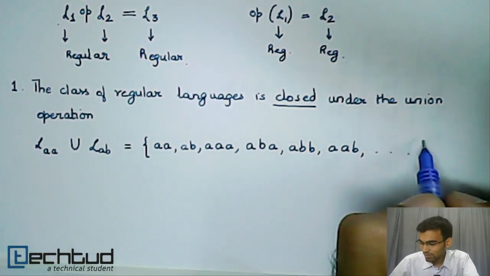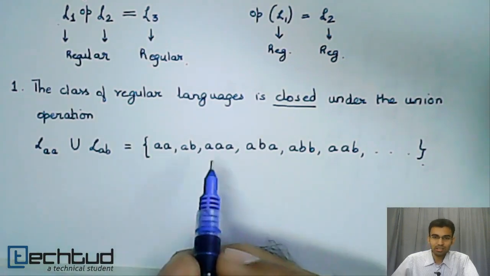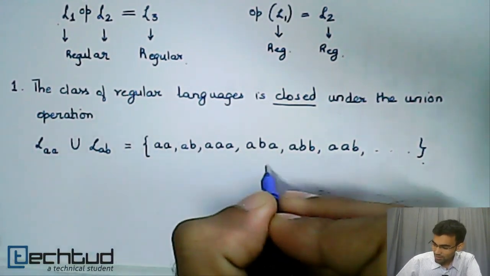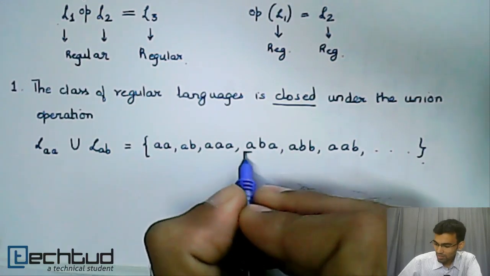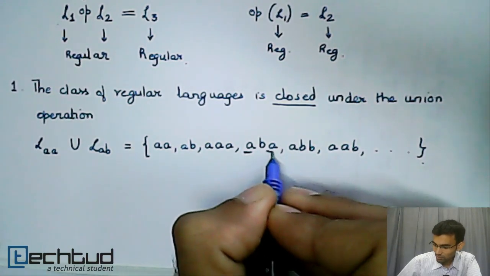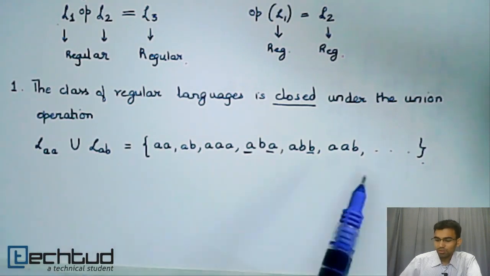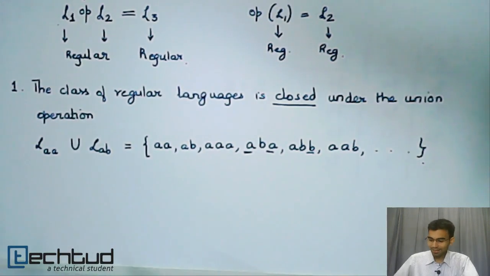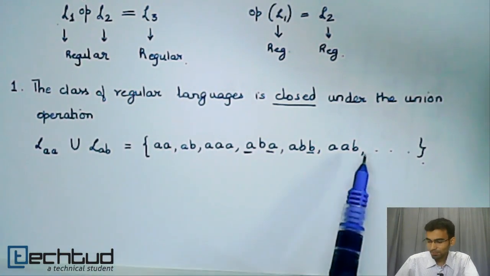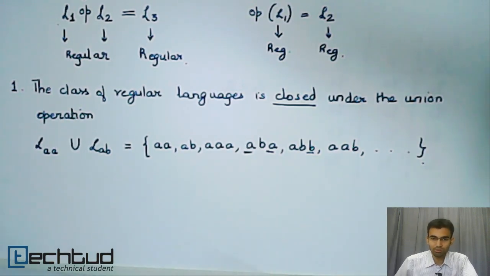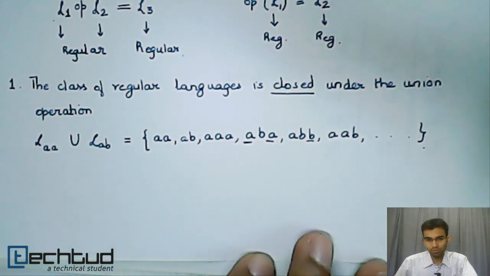We can enumerate this entire language in increasing order of length of string, such that each word starts with an A and ends either with an A or a B. Our claim is that this language is also regular. How can we prove it?